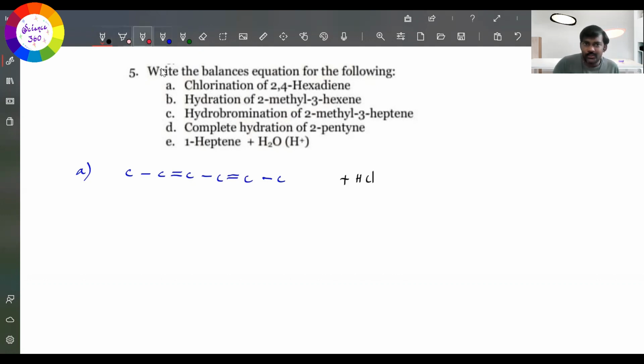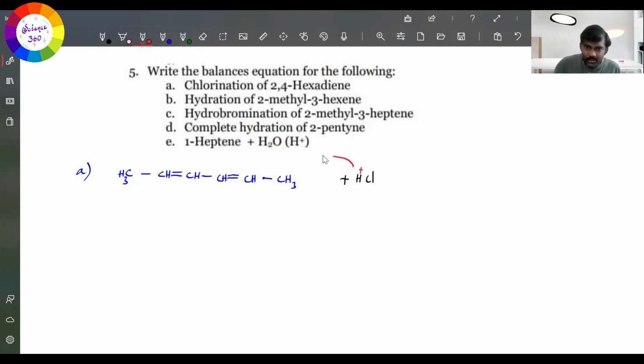HCl is an acid, so initially it produces the H plus ion. The H plus ion is supposed to attack the higher electron density region. Higher electron density region means we have the double bonded carbons there. So it will attack one of the double bonds. So the H plus ion is here.